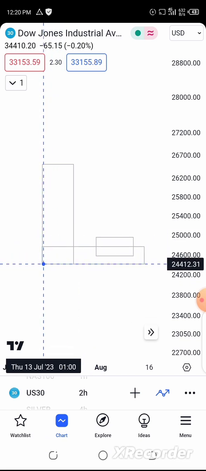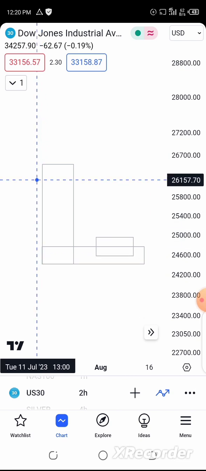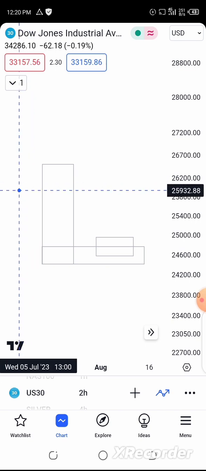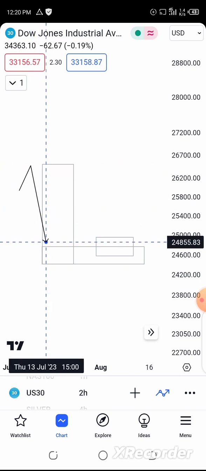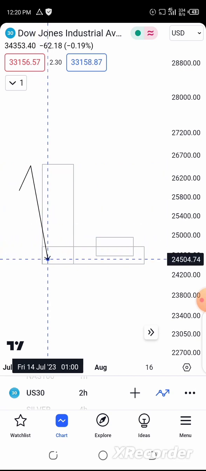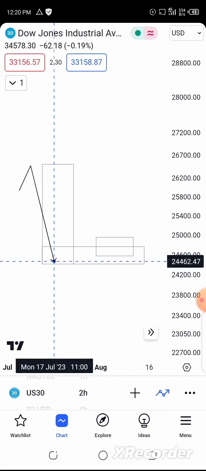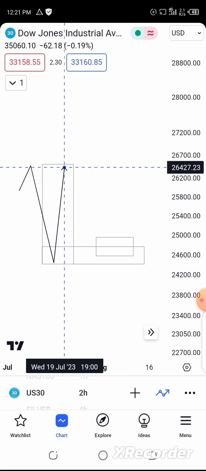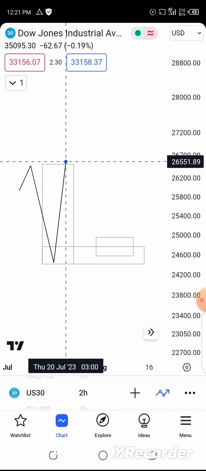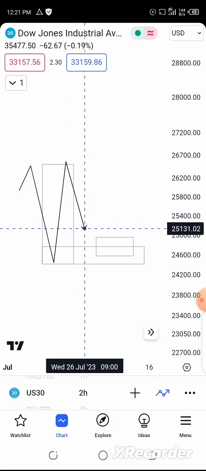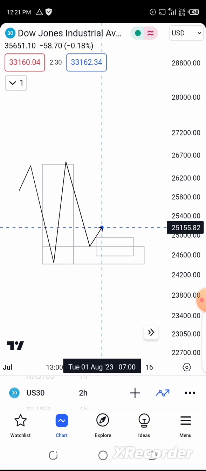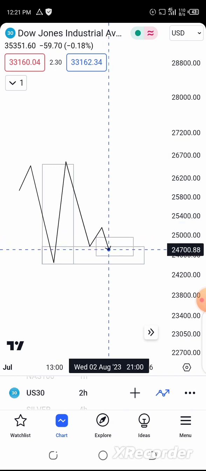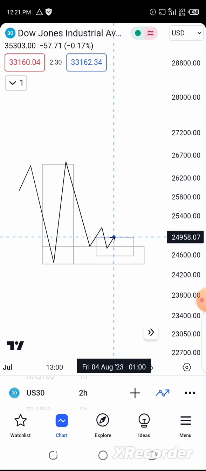So let me just do this for you. It will present something more along the lines like this. Then you get your weak to strong hand transfers.